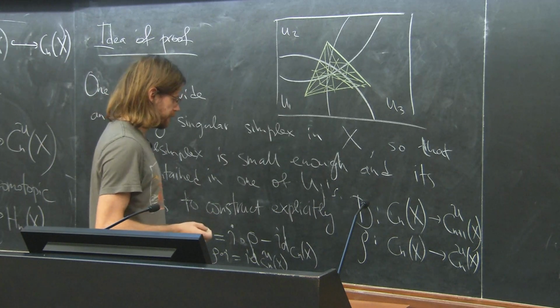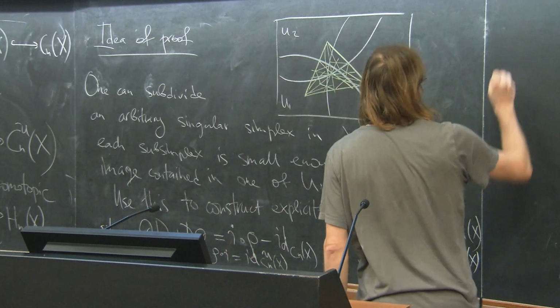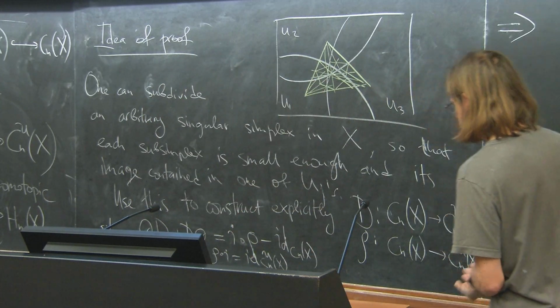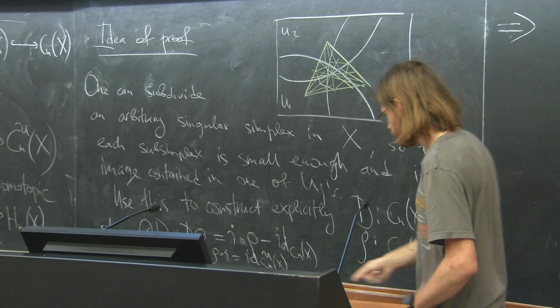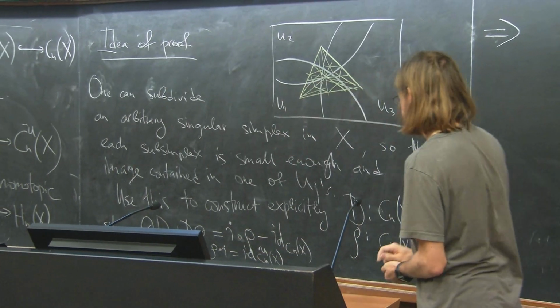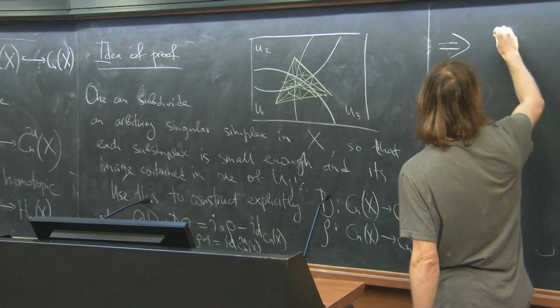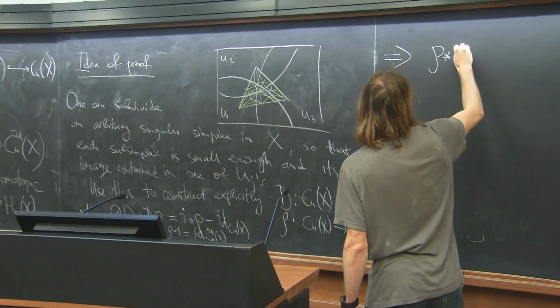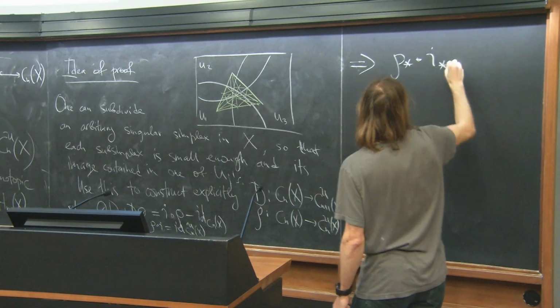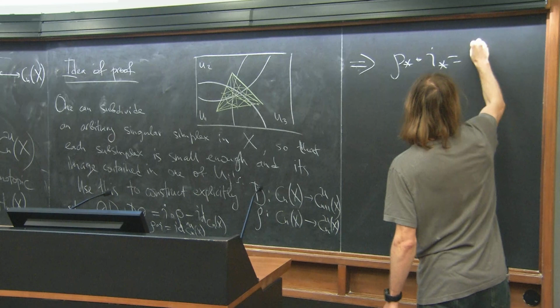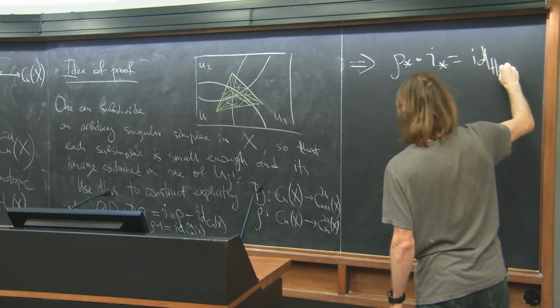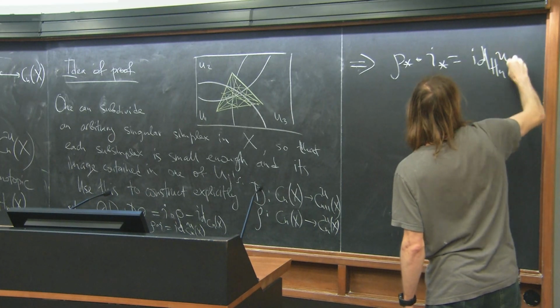And then it will follow from this latter, the second map, that rho star times I star is identity on Hn U of x.